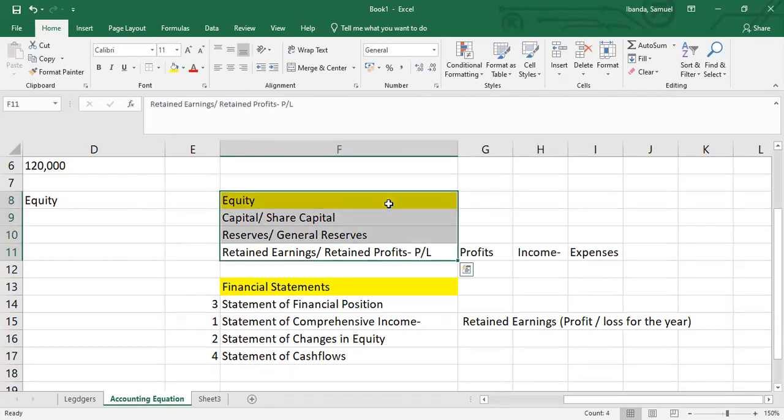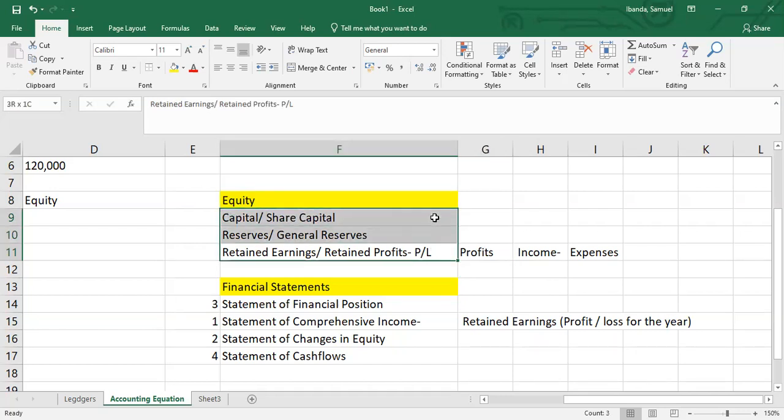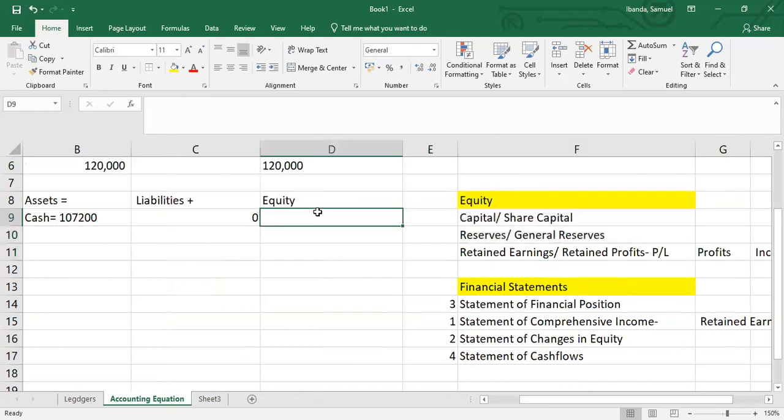You get it? Because it's like the owner is making profits. Now, sometimes the owner can decide to take these as dividends or remain with this money within the business to grow it, but it remains as part of equity. So what we are saying is, if we have a transaction that has an expense, then we go ahead to effect it on equity.